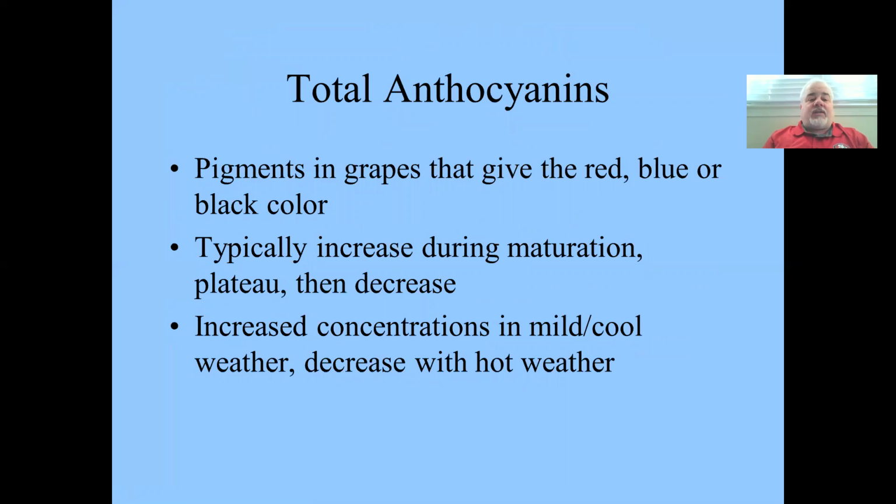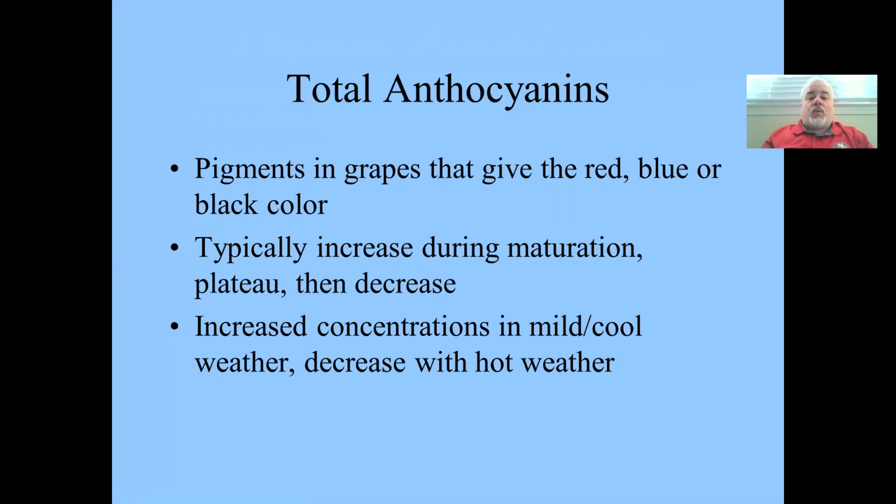Total anthocyanins are pigments in the grapes that give the red, blue, or blackish colors. They typically increase during maturation, and then they plateau and then decrease. So there's kind of this curve that they go through. Concentrations are increased in mild or cool weather.